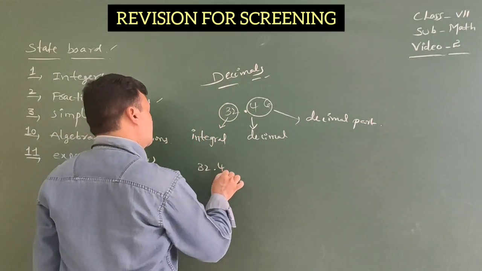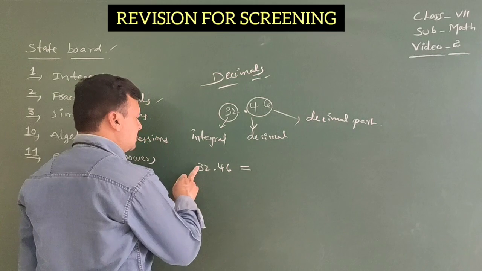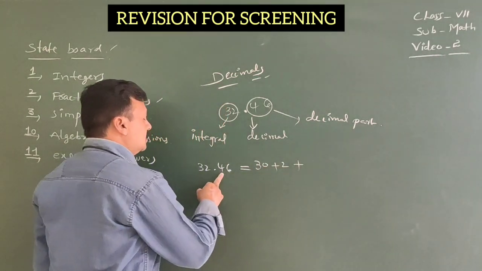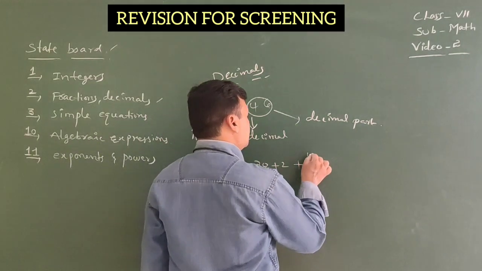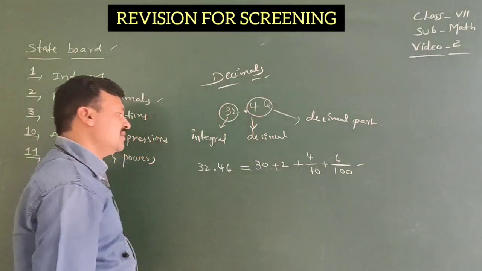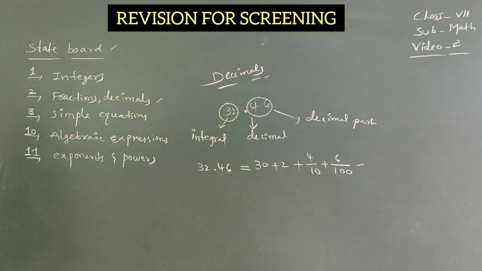Expanded form of the given decimal: 32 in the normal way is 30 plus 2. 0.46 means 4 by 10 plus 6 by 100. In this way, we can expand the given decimal.